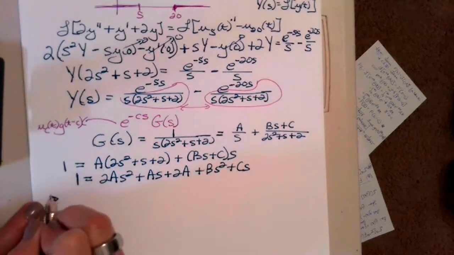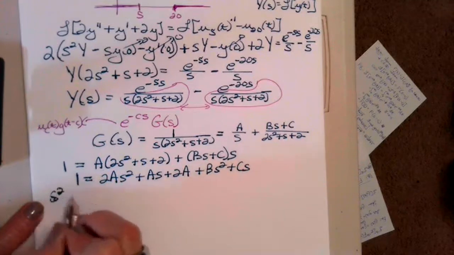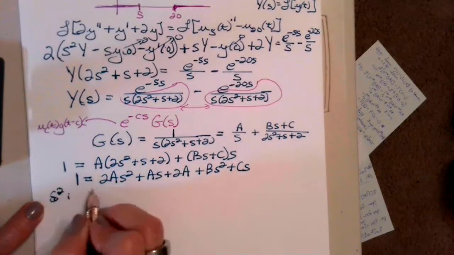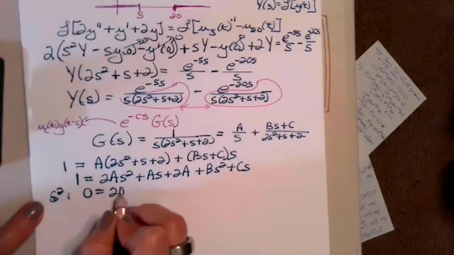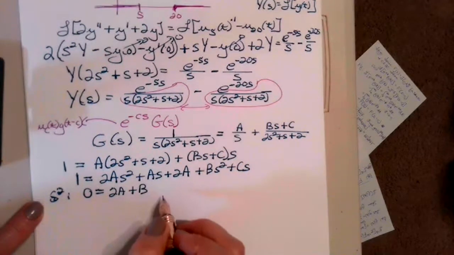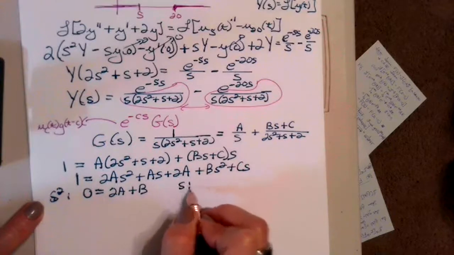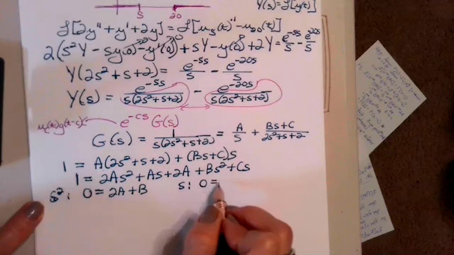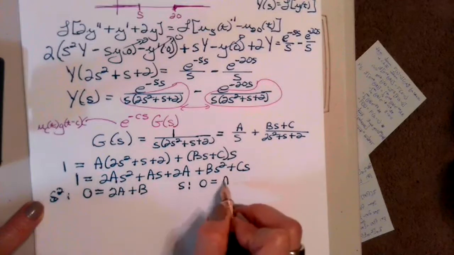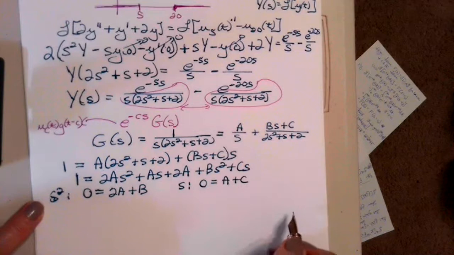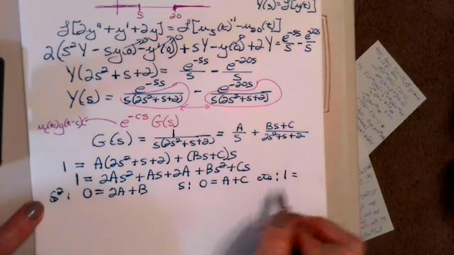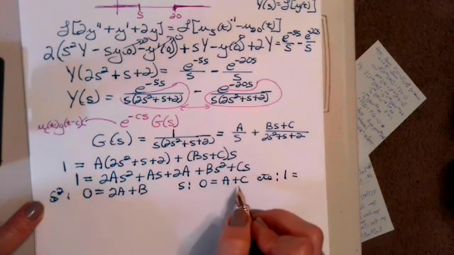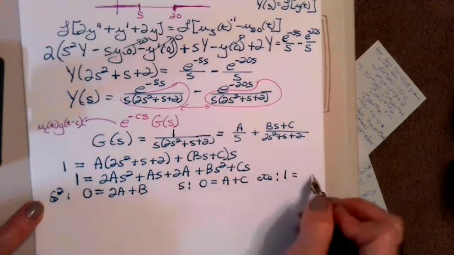From the s squared term, on the left-hand side the coefficient is 0. On the right-hand side, it is 2A plus B. From the s term, on the left-hand side the coefficient is 0. On the right-hand side, the coefficient of the s terms is A plus C. And from the constant terms, on the left it's 1, and on the right it is 2A.